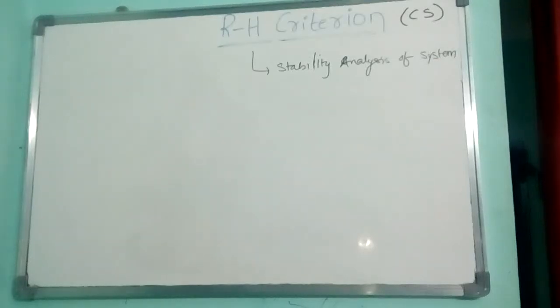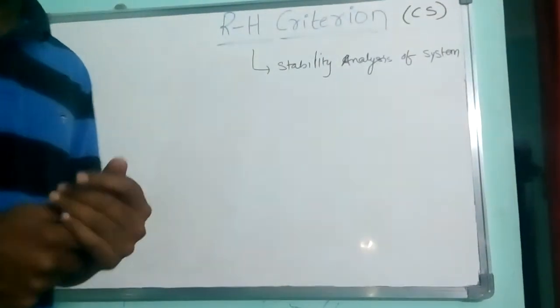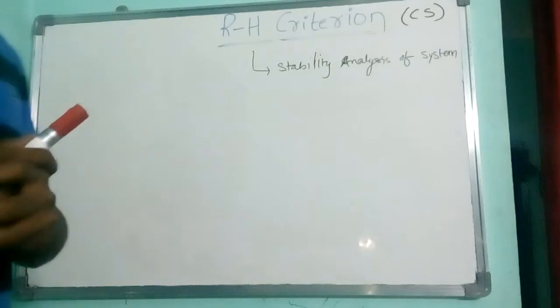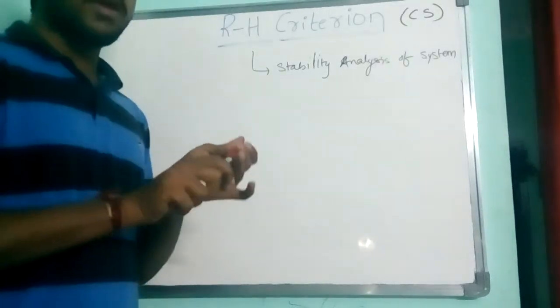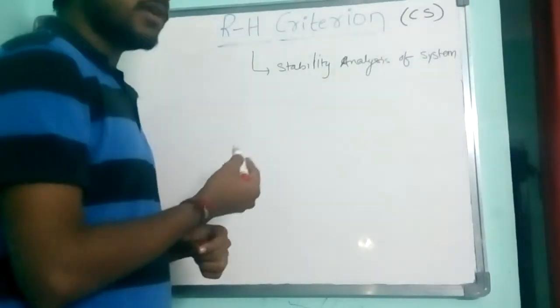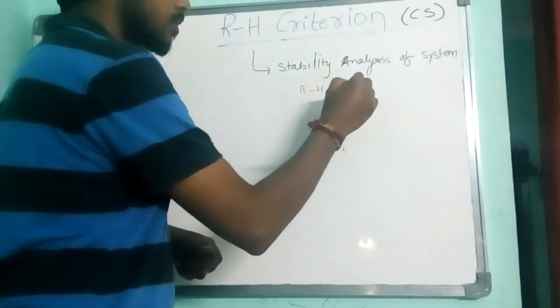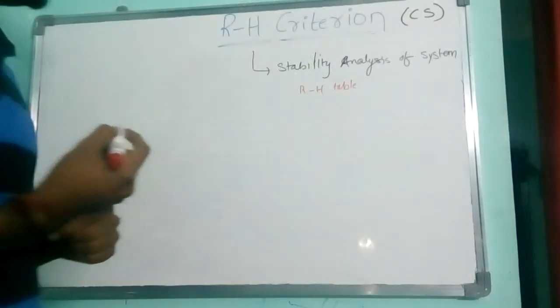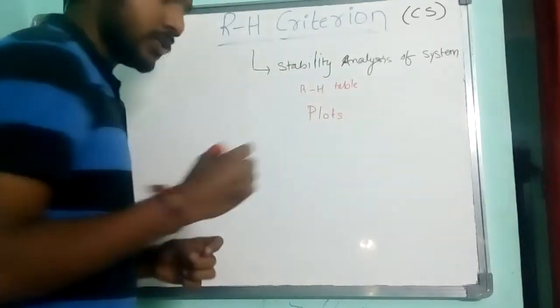Hi friends, today we'll see what the RH criterion is. Okay, so what is stability analysis of a system? Whenever we consider a control system or any system here, we go for the stability analysis using the RH table or using plots.